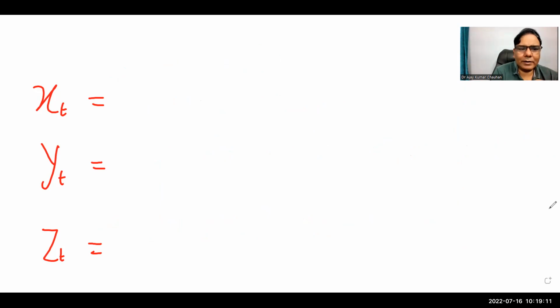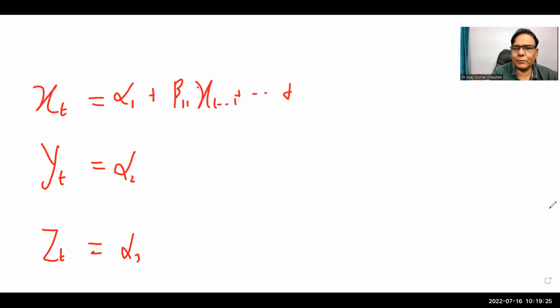Now, this is alpha 1, this is alpha 2, and this is alpha 3. Then beta 1,1. So we will write 1,1, 1,2 like that, xt minus 1, the previous past equation. Gamma 1 yt minus 1, gamma 2 zt minus 1 and e1.